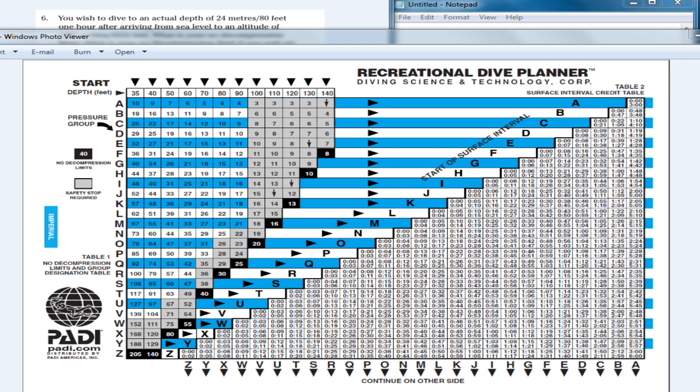Based on the stuff that I've read on it, I made it so much more complicated than it needed to be. And once I got into altitude diving and adding another table to it, it got a little more confusing. But now I think I have it down.